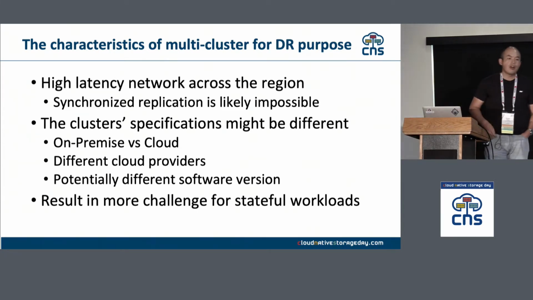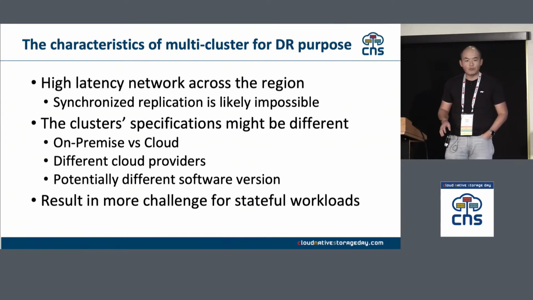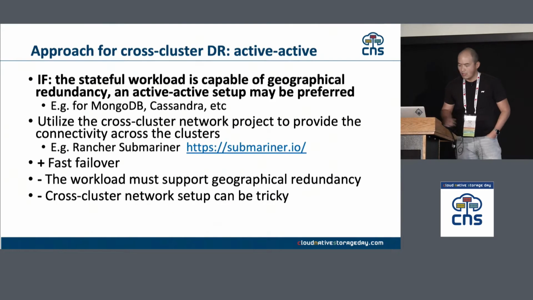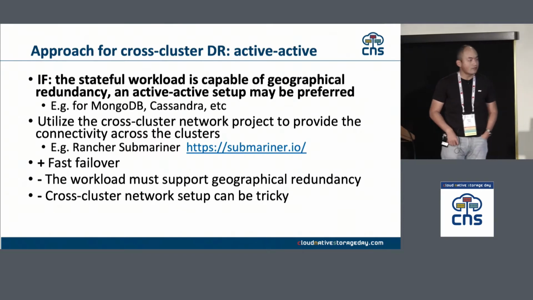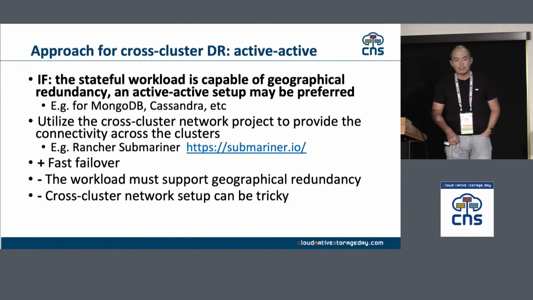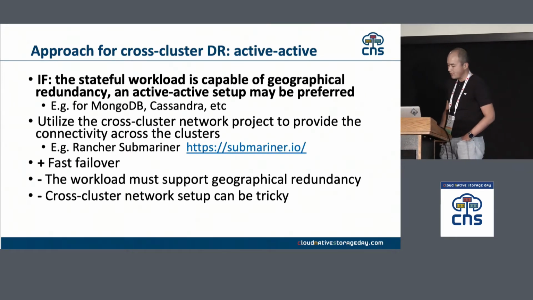So I talked with our field engineers, and we see that in reality, with users deploying multi-clusters for the DR purpose, there are basically two models. One model, we call it active-active, basically relies on the application's capability to provide global geographic redundancy.